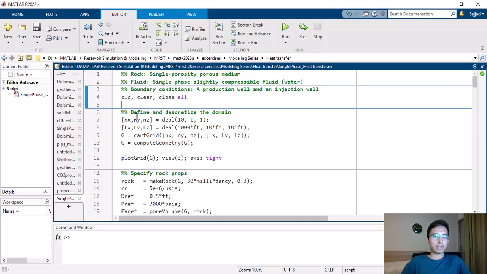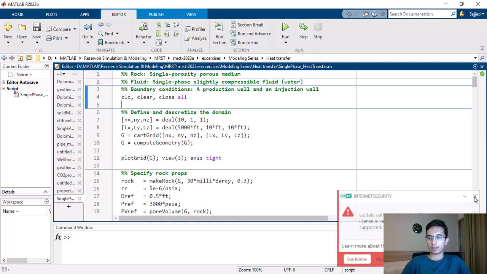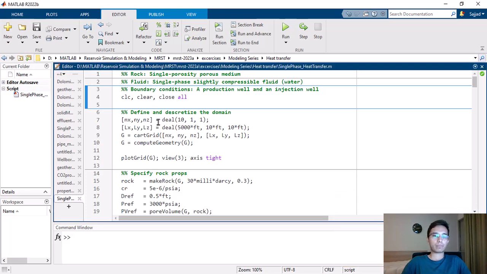So first of all, what we need to do is to define and discretize the domain. We could have a one-dimensional porous medium, or any more dimensions that we want. Here we have 10 cells in the x direction, one cell in the y direction, and one cell in the z direction. So it's a one-dimensional domain in the x direction.